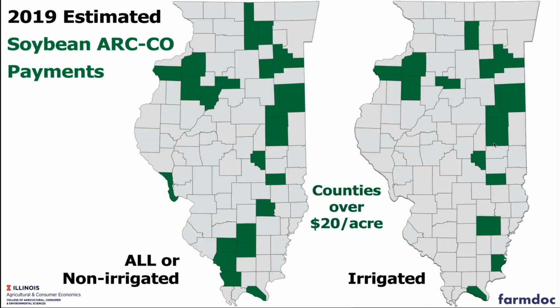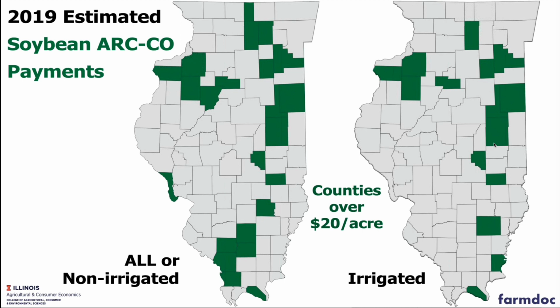Again, here are the counties where we have over a $20 estimate, and if you're in or near those, you probably want to lean towards ARC County for soybeans. And Grundy County, good luck with your decision on the corn one there. You can take what is estimated to be a $30 payment this year, but let me just give you an example. Let's say we have a $3.30 market year average price next year, which is a possibility.